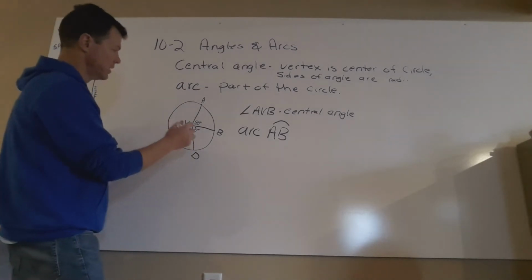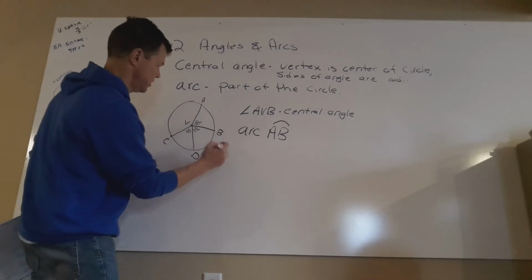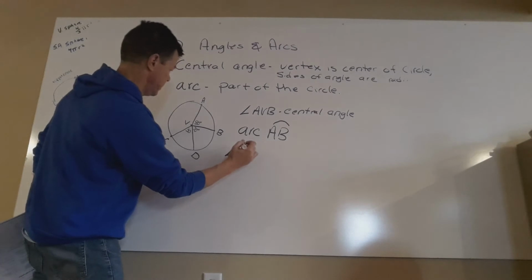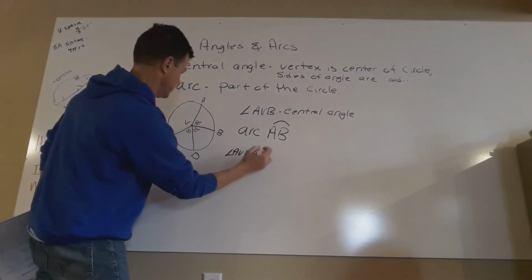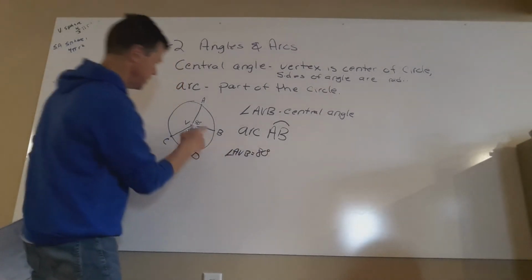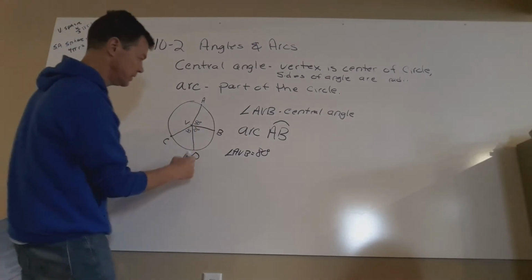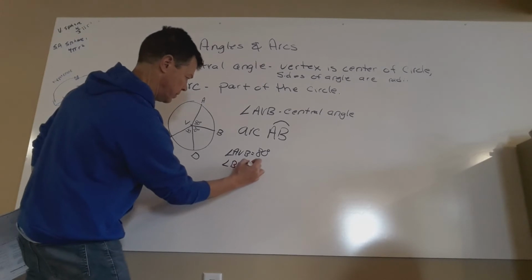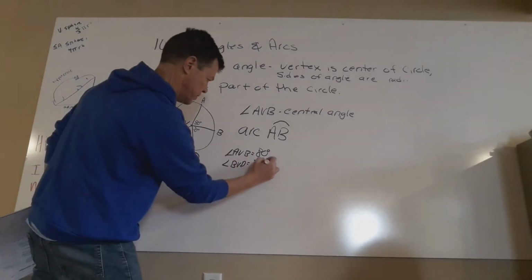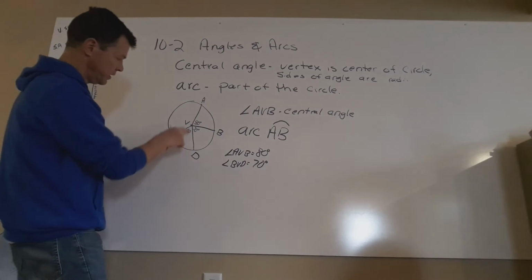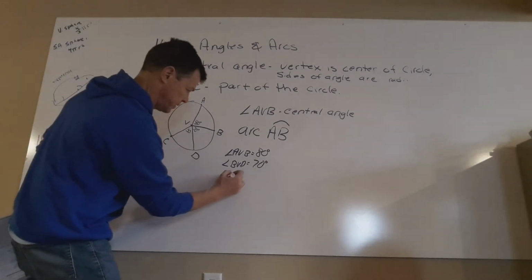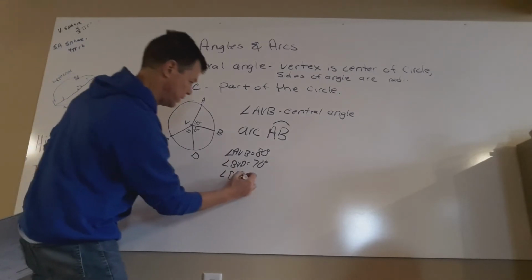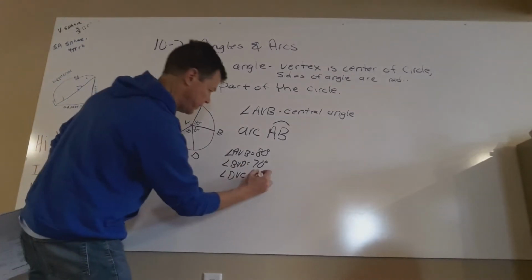So then, all right. Angle AVB equals 80 degrees. Angle BVD is 70. Angle DVC equals 50 degrees.